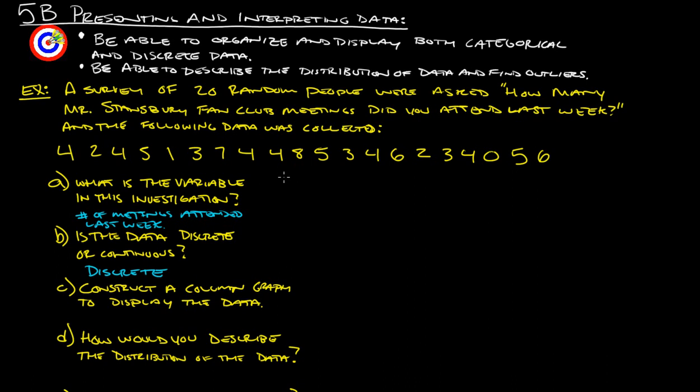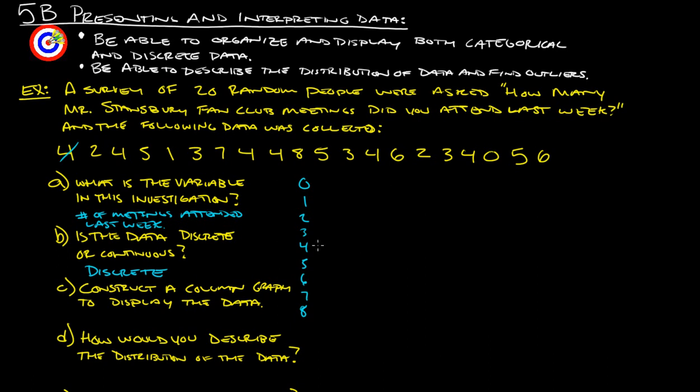That will give me a frequency, and from that frequency I can make my column graph. It goes all the way from 0 up to 8, so we'll do 0, 1, 2, 3, 4, 5, 6, 7, and 8.